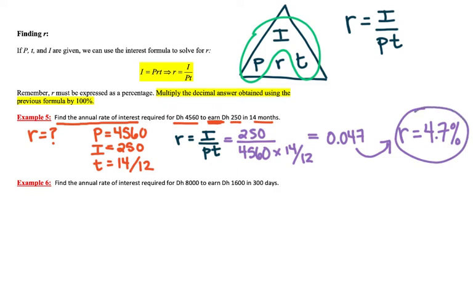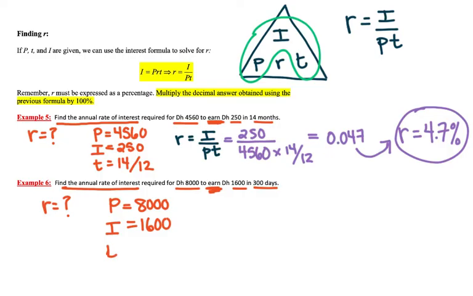Let's look at the next one. Again, find the annual rate of interest, so the R is missing. 8,000 is going to earn 1,600, so the starting amount was 8,000. It earns interest of 1,600.